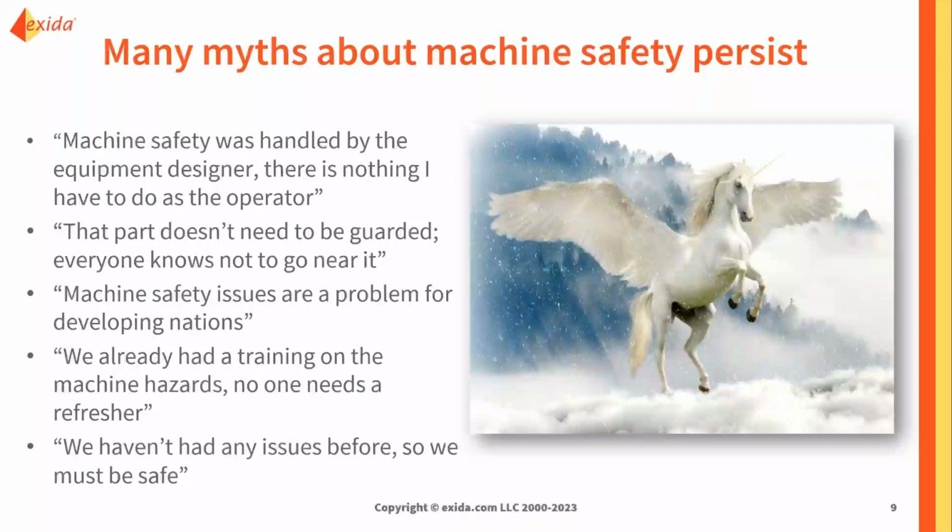That may be all well and good on a typical day, but if someone's behind on time, if someone's having an off day, maybe not paying attention, maybe not as focused as they typically are, or a piece of equipment moves unexpectedly, someone drops something, all of a sudden that person may reach in, may be exposed to that hazard.